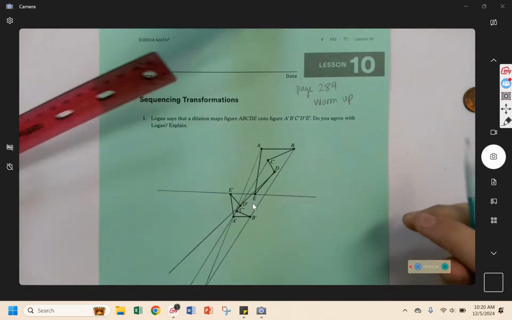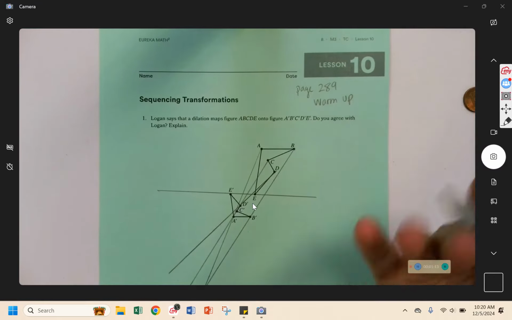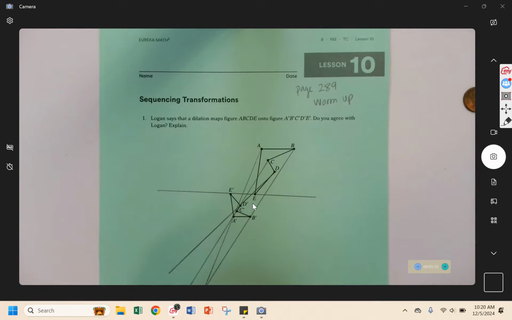But they don't all intersect at one location. So this may have a dilation, but it's not the only motion or transformation that occurred.